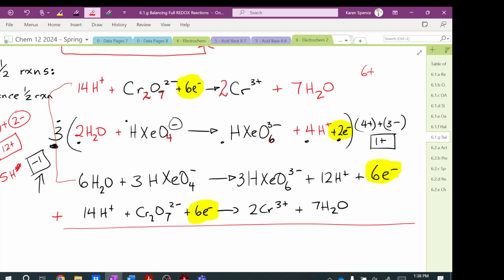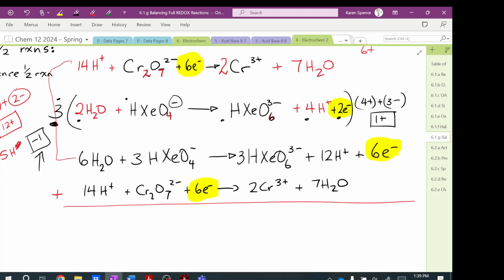Up to you, but I like having them right beside each other because I am very error prone, as you all well know. Now, it's up to you whether you do your canceling here or once you've added everything. Do you guys have a preference? Do it after? Okay, so we're just going to add everything.